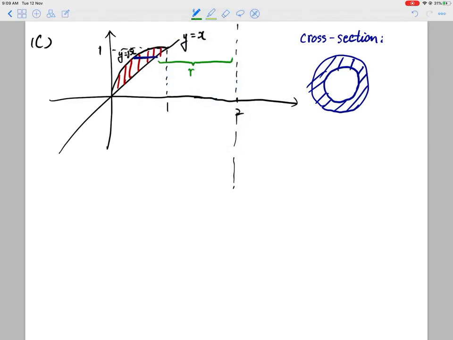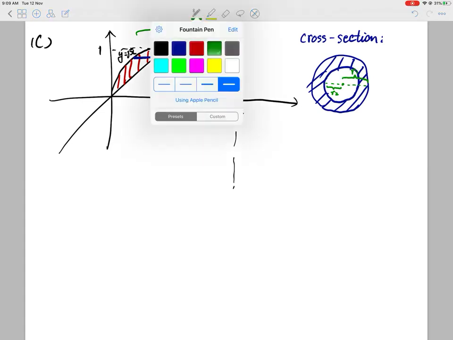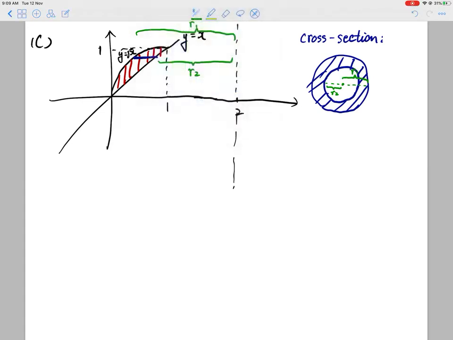This is a radius, let's say R2, and this is the radius R1. On the cross-section graph, this part is R1. So the cross-section area is pi R1 squared minus pi R2 squared.